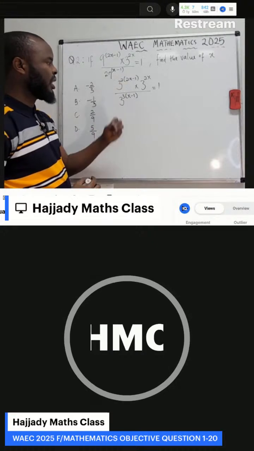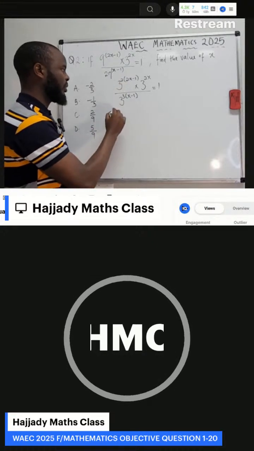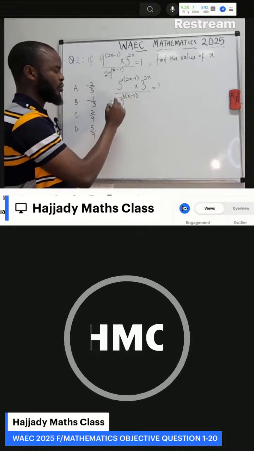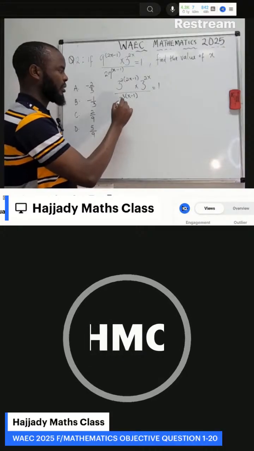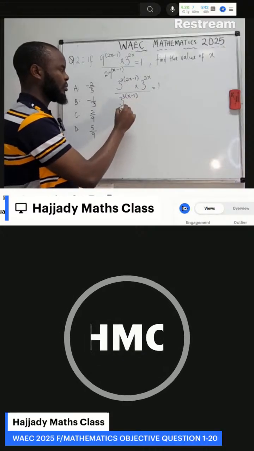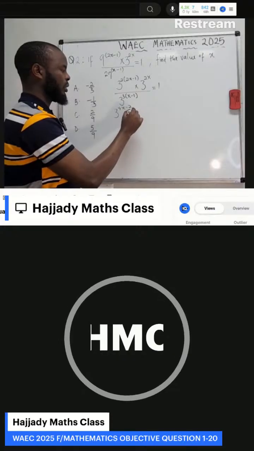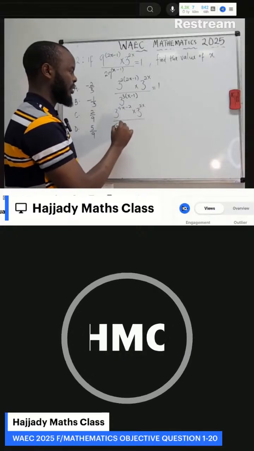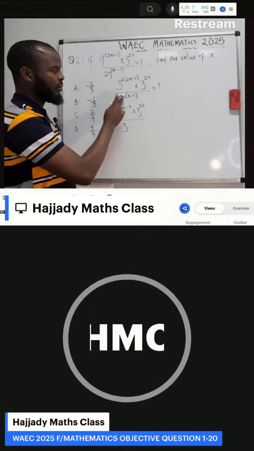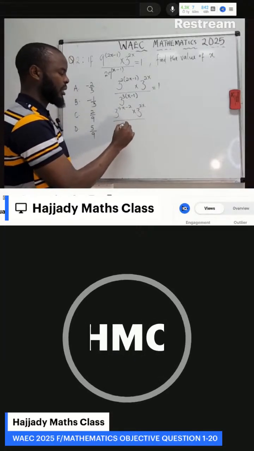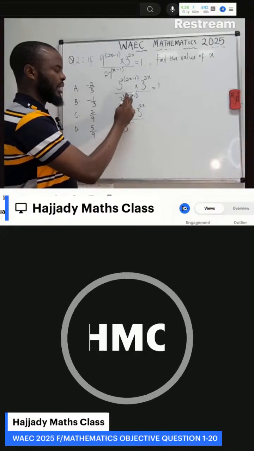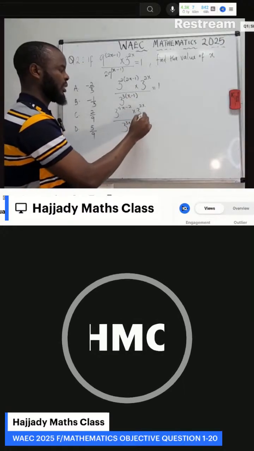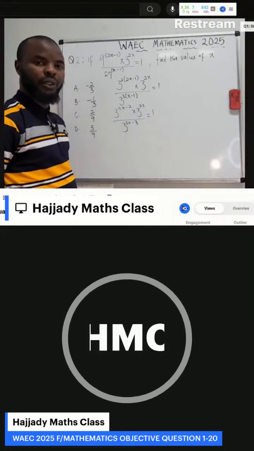Now, simplifying the numerator, here we have 3 to the power of 2 times 2x, which is 4x, and 2 times negative 1 is negative 2, times 3 to the power of 2x, all over 3 to the power of 3 times x, which is 3x, and 3 times negative 1 is negative 3, equals 1.